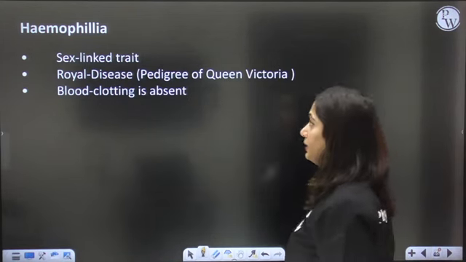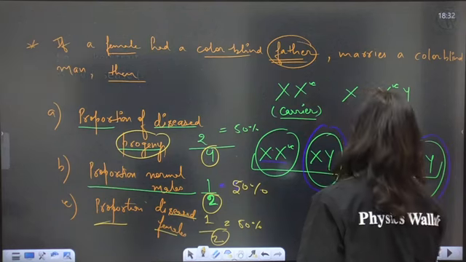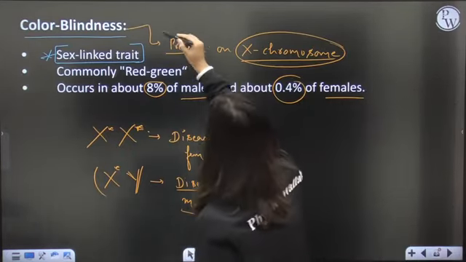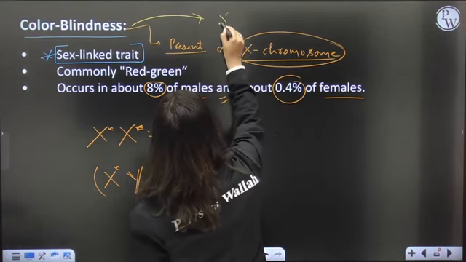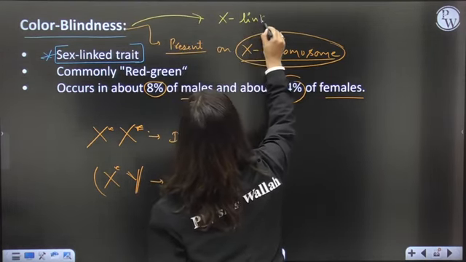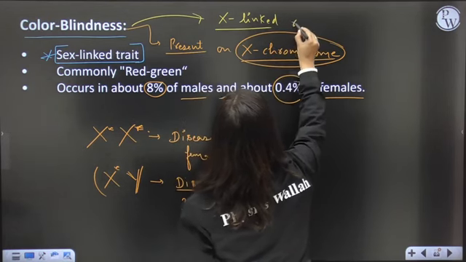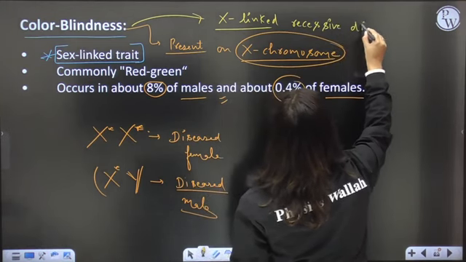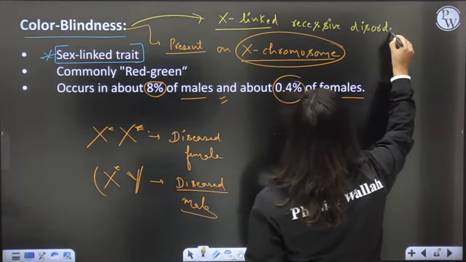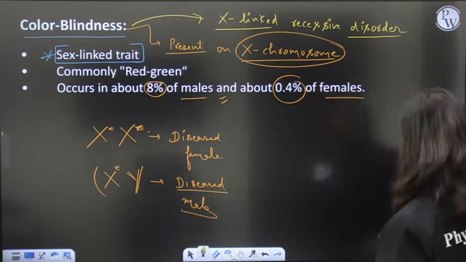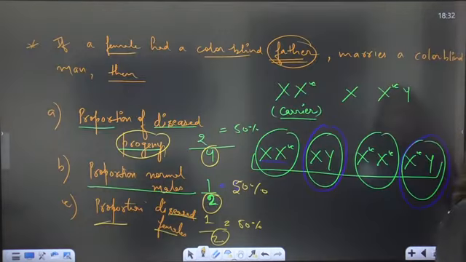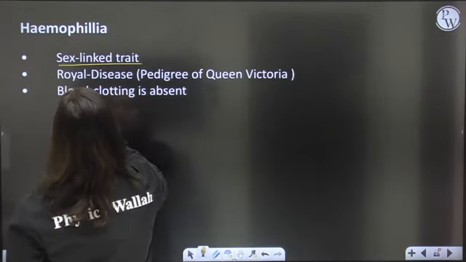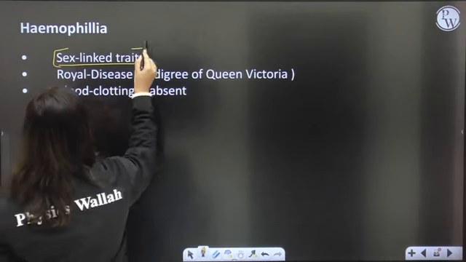Now hemophilia. One more thing that I have just told you is that the color blindness gene is present on the X chromosome, so color blindness is an X-linked recessive disorder. Hemophilia is also a sex-linked trait, because the gene causing hemophilia is also present on the X chromosome.